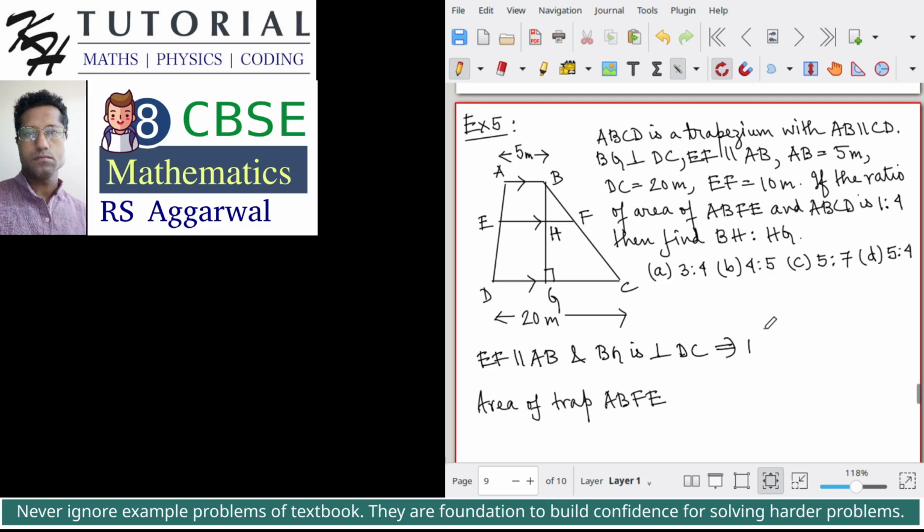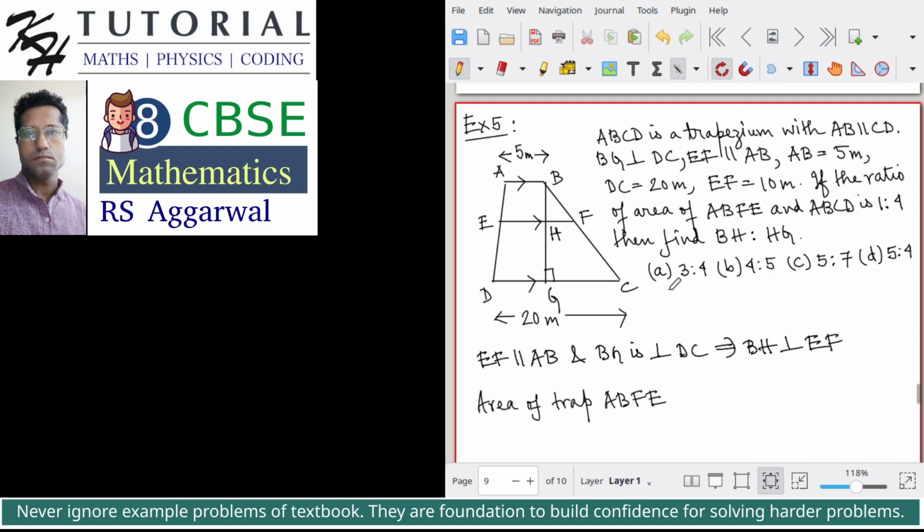This will imply that BH is perpendicular to EF. EF is parallel to AB, which means that EF is also parallel to DC. And if BG is perpendicular to DC, then BG will also be perpendicular to EF, because EF and DC are parallel. EF and DC are parallel because EF is parallel to AB and AB is parallel to DC. So BG is perpendicular to EF, which means that BH will also be perpendicular to EF.